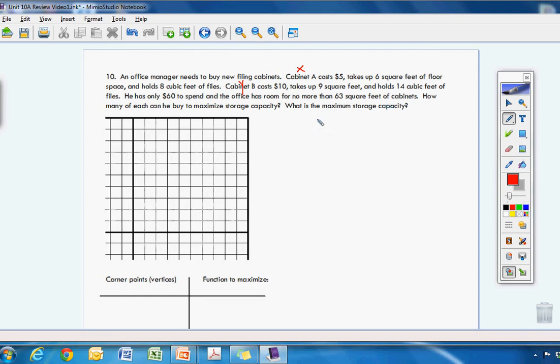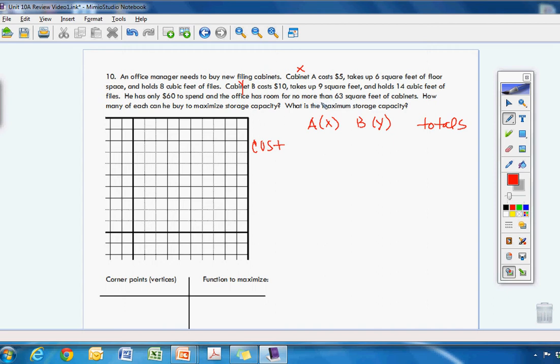So here I'm going to set up a little table. I have cabinet A, which really is my X, and I have cabinet B, which really is my Y, when I actually set up all of my equations, and I'm going to come up with my totals. So looking at totals in this equation, we have $60 to spend. So we have cost that's involved.